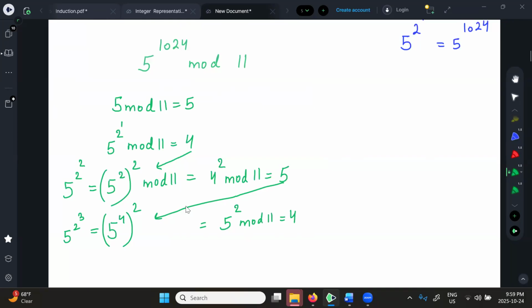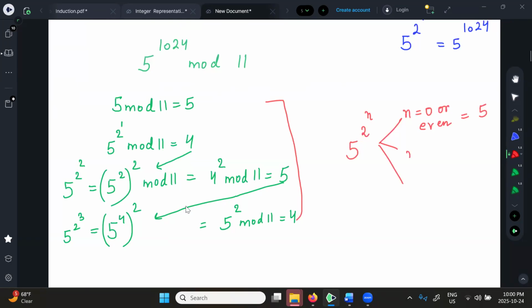I can stop it as soon as it starts repeating. And this is repeating right here. So I can see the pattern. For 5^(2^n), if n is 0, or if n is even, then the answer is 5.